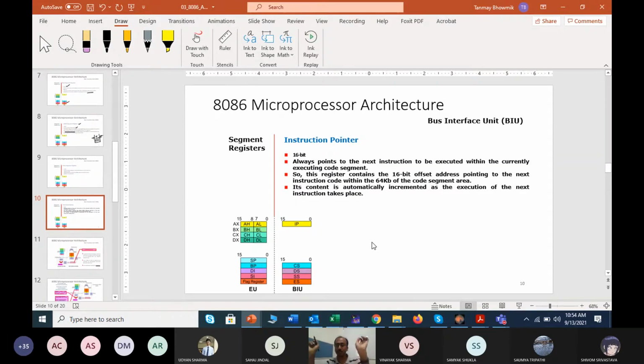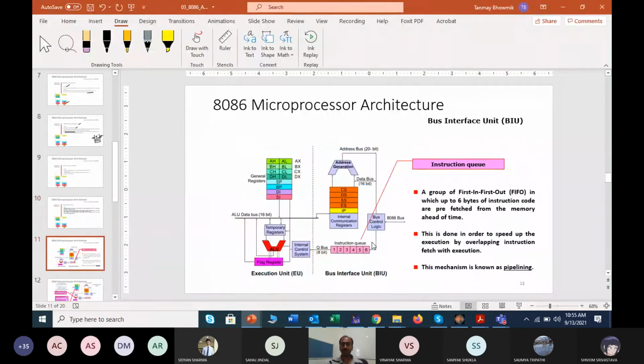It is just similar to your program counter: when you are accessing any instruction, the next instruction to be executed, that address will be pointed to by this instruction pointer. That was the task of the instruction pointer. And then we observed the instruction queue. I gave you the example of a pipeline, how you can access this instruction queue with a pipeline, that you will divide your work in accordance with different modules.